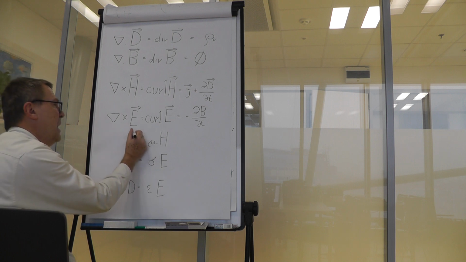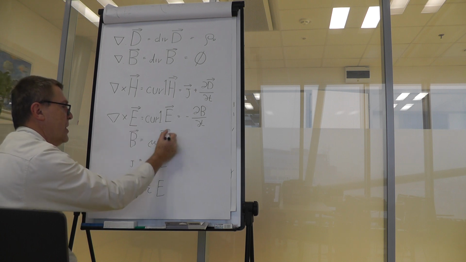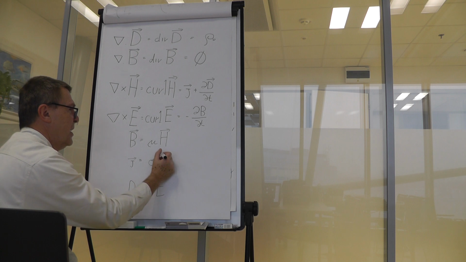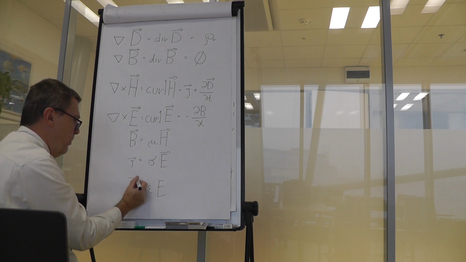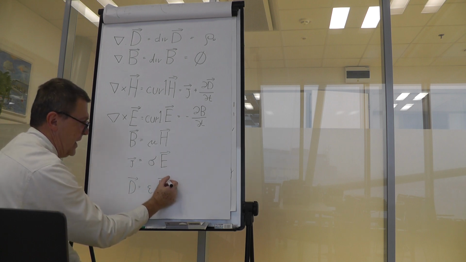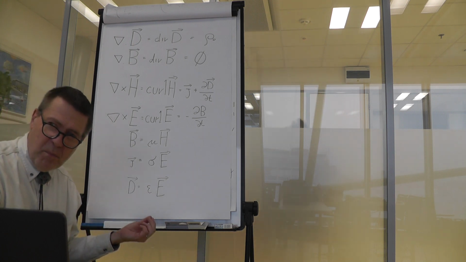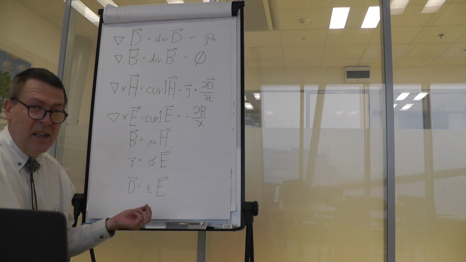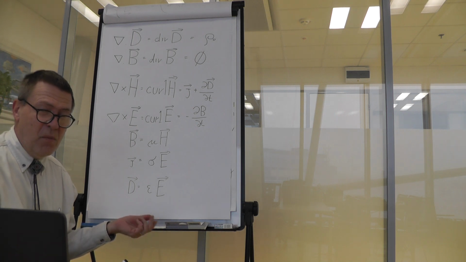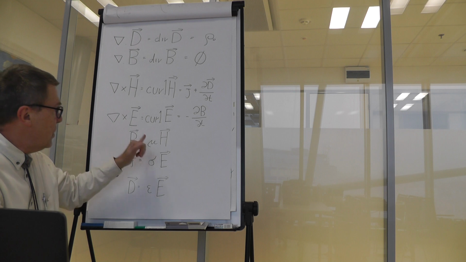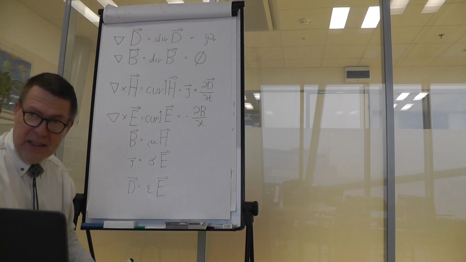Now B, H, J, E, D, and again E are vectors, of course, and based on the assumption that the material is homogeneous, linear, and so on, those are scalar constants.